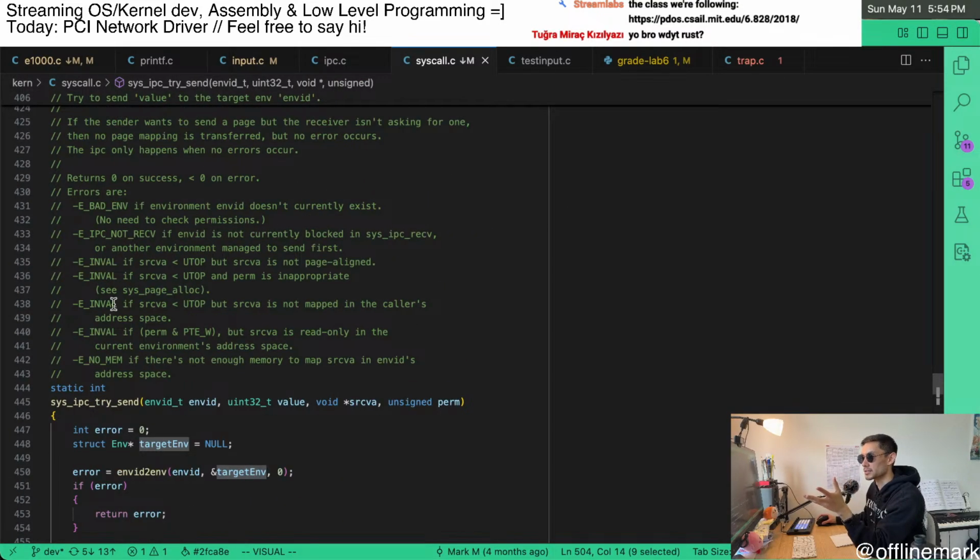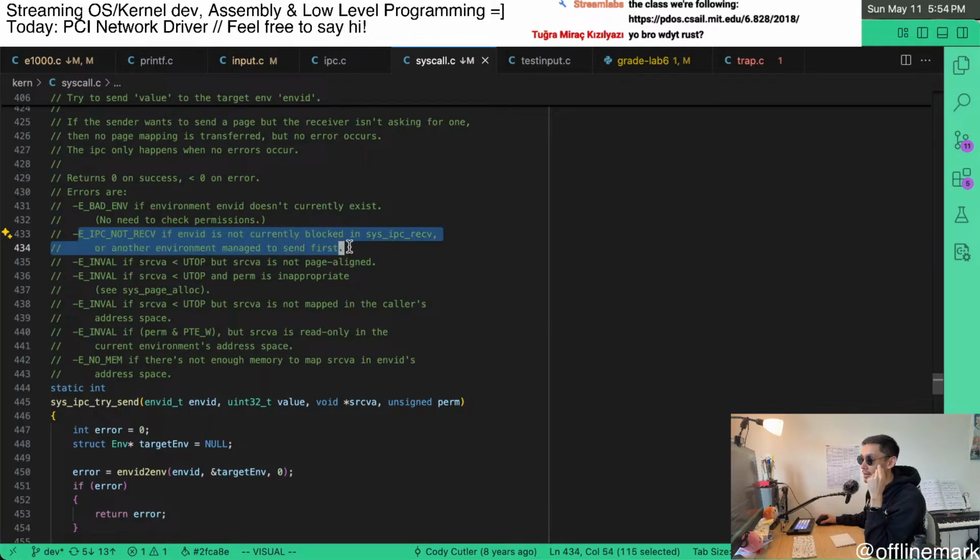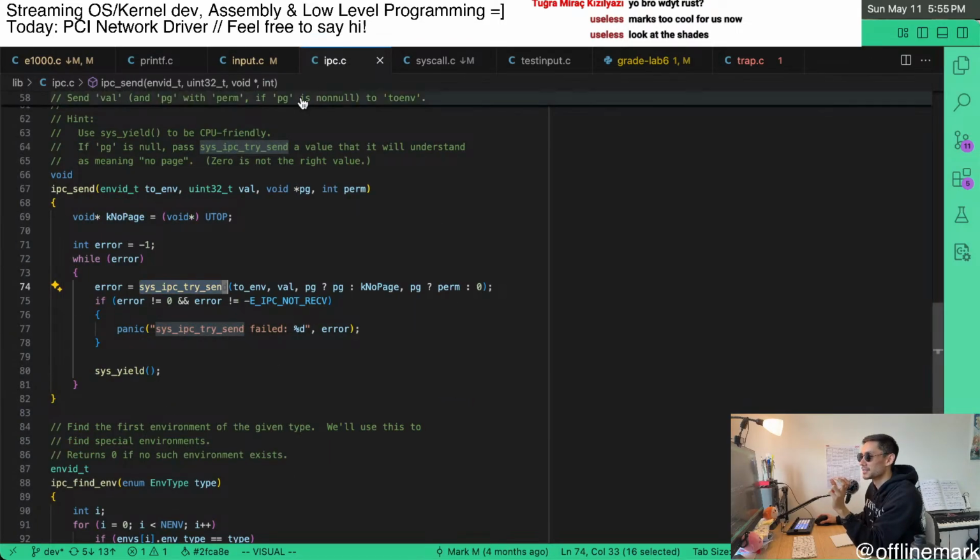There's all these different ways it can fail. Okay, but there's this one specific one. If the environment is not currently blocked and waiting to receive, then this is going to fail with a very specific return code.